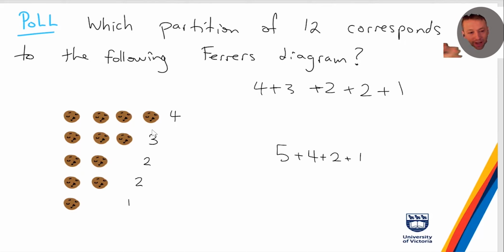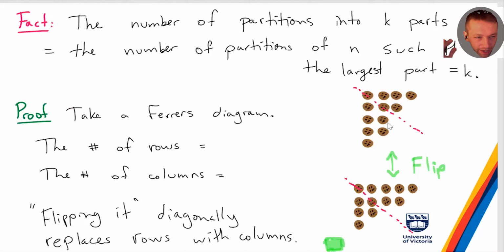If you take a transpose, like in matrix transposes, if you take this picture and flip it over the diagonal, you change the rows to columns and the columns to rows, then you get another partition of the number 12. And this is a bijection between different types of partitions. So it's a one-to-one correspondence. Let me explain this more fully.